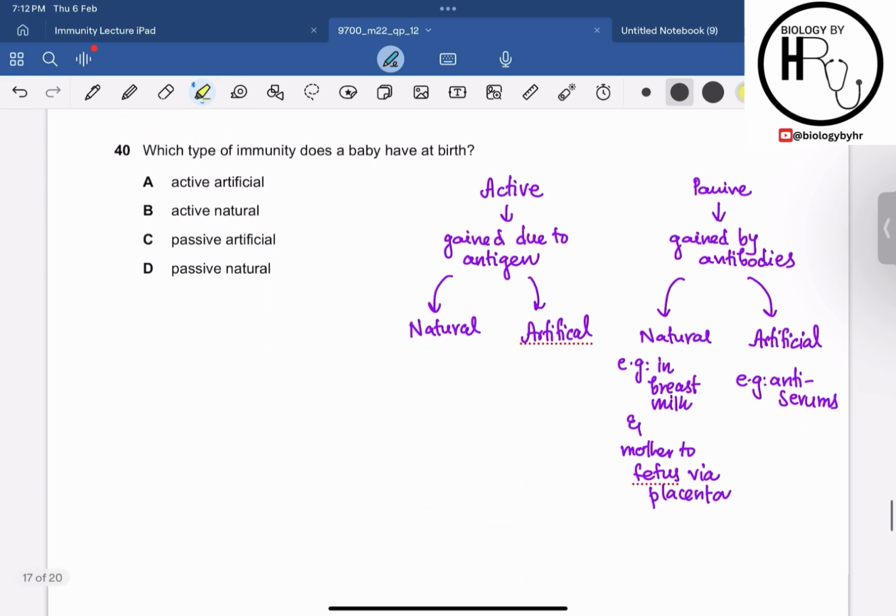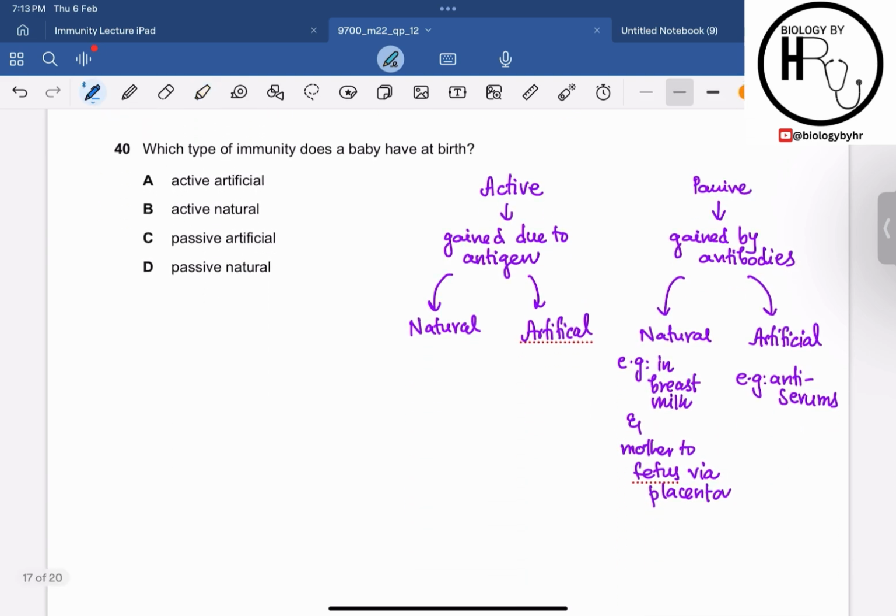Now in question number 40 they are saying that which type of immunity does a baby have at birth? Artificial active, natural passive, or passive artificial, or passive natural. Alright, before we discuss the answer, let's first have an idea of what active and passive immunities are.